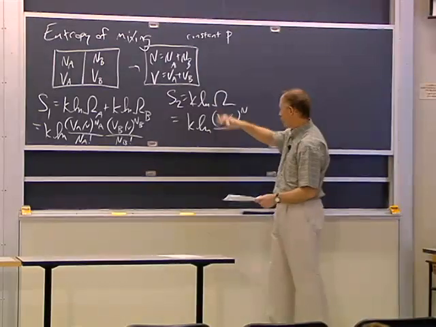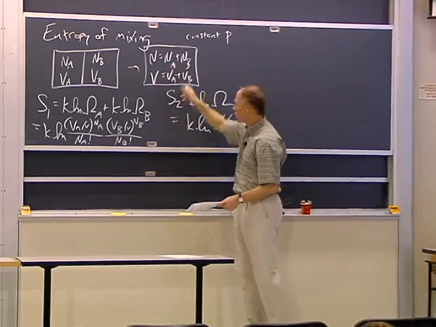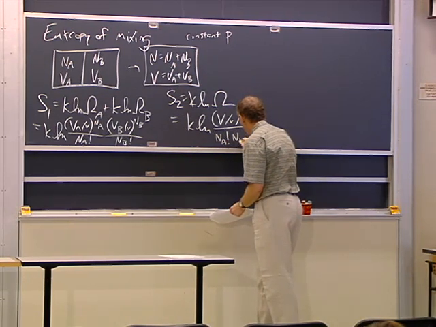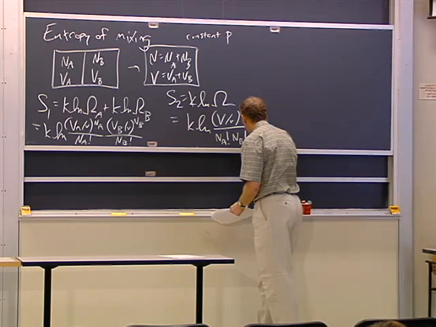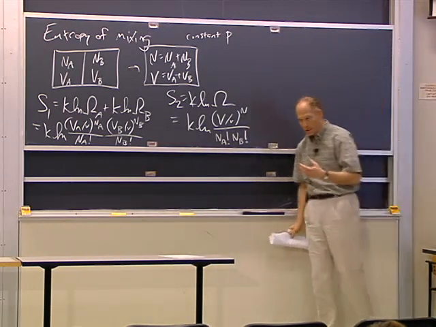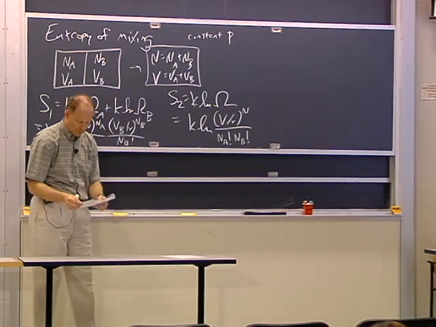That is, now we have to divide by NA factorial times NB factorial, right? In other words, the amount that we need to divide by to avoid overcounting is the product of those two factorials.